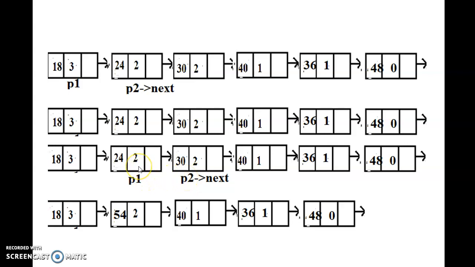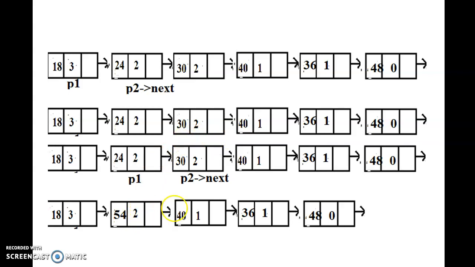Now if the exponent of P1 and the exponent of P2 of next are both the same, that means duplicate terms are there. In this situation, to the coefficient of P1, the coefficient of P2 of next is added. That is, 30 is added to 24, and we are getting 54. And we are going to remove this particular duplicate term.